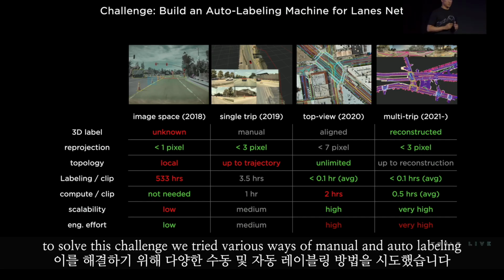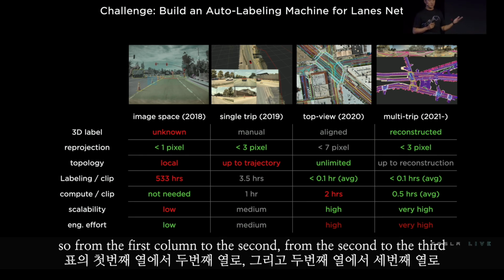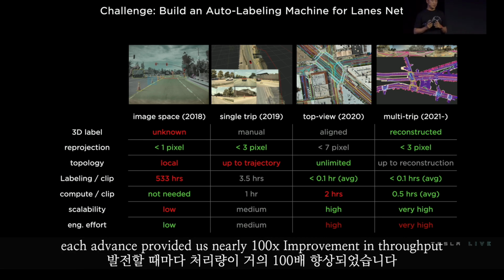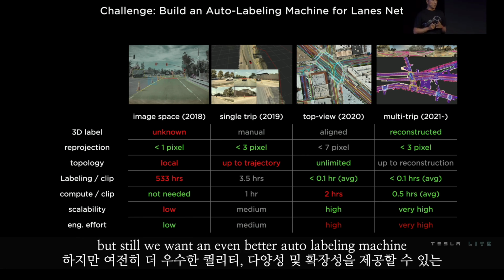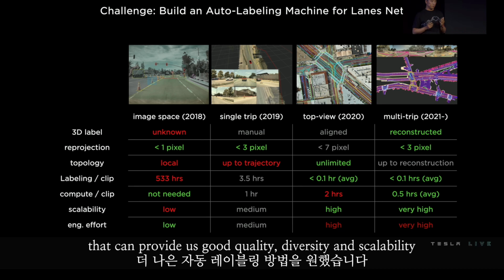To solve this challenge, we've tried various ways of manual and auto labeling. From the first column to the second, from the second to the third, each advance provided us nearly 100x improvement in throughput. But still, we want an even better auto labeling machine that can provide us good quality, diversity, and scalability.